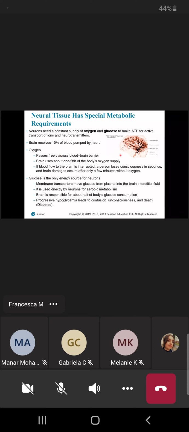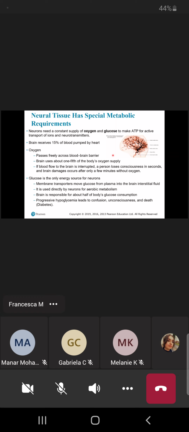It is an important energy source for our body. And in case of oxygen loss, in case the blood flow in our brain is interrupted, keep in mind that oxygen is transported by blood using the hemoglobin.